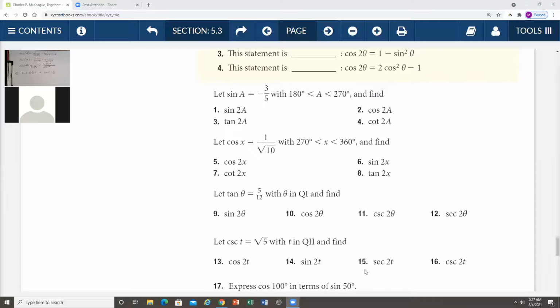Okay, so how are we going to find cosine 2A? Well, we use the double angle identity for cosine, and there's 3 different versions of this. Take your pick. Now, I have a question for you, ladies and gentlemen. Based on the fact that we know the sine of angle A, which version of the double angle identity for cosine would we probably want to use?